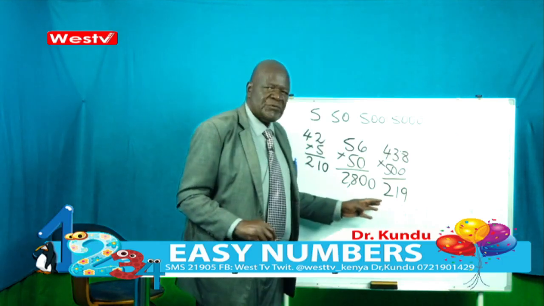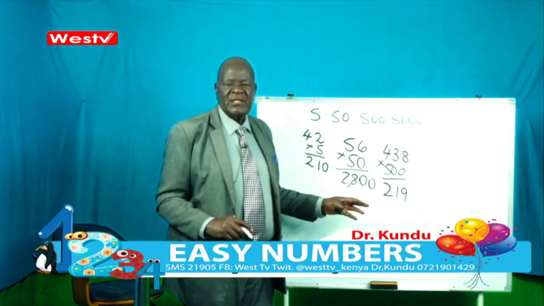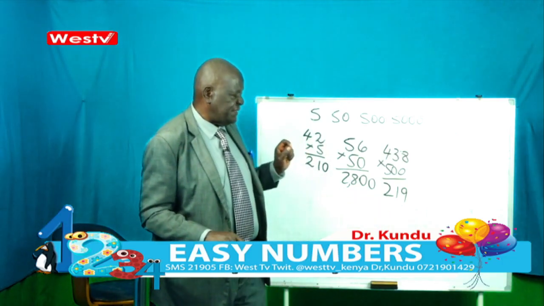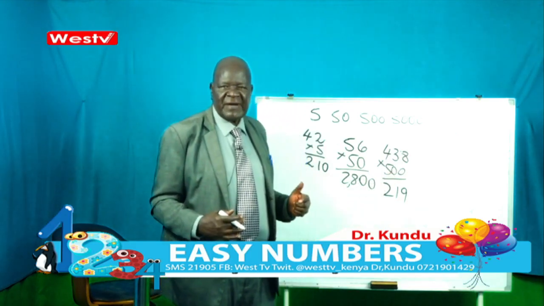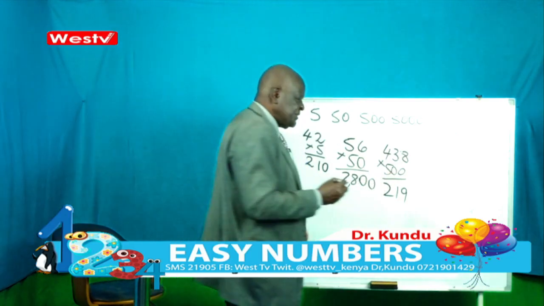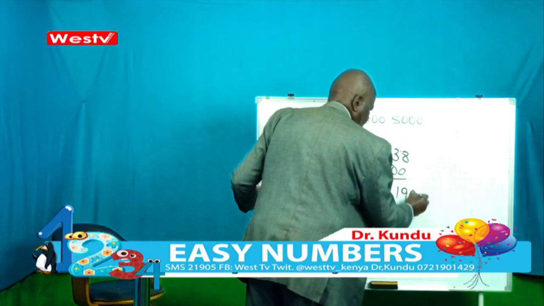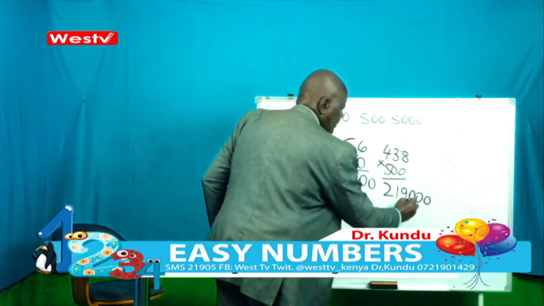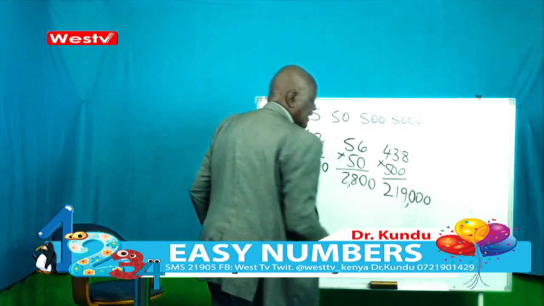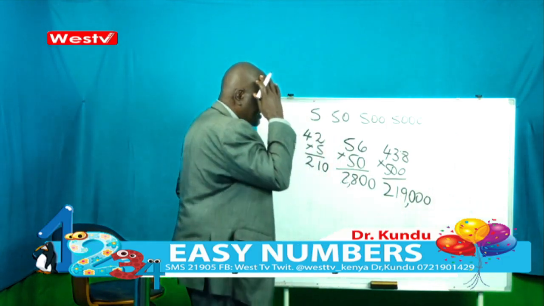And then once you get that half, you look at the 5 you are dealing with. 1, 2, 3. It's a 3-digit 5. So you add 3 zeros here. So this answer is 219,000.